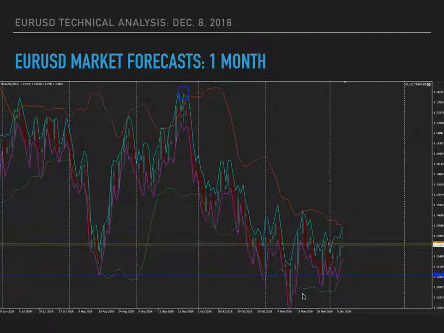Furthermore, the low here is higher than the last low, and the high is lower than the last high. A lower high and a higher low always indicates market consolidation, which also gives more evidence that the market is entering a ranging period.